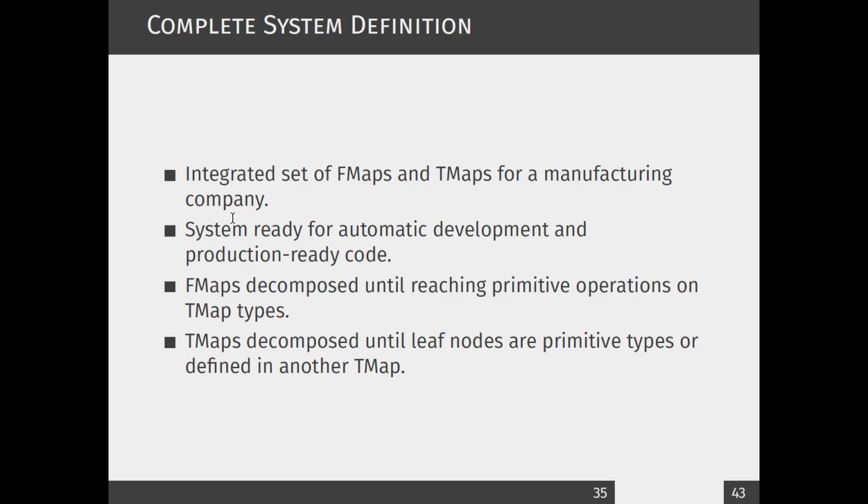So decomposing means, remember, we started from make table, then table top and the legs, and then you can go to top, for example, you can have a hard top or a soft top and so on, right? So if you look at F map, you have primitive operations of the T map types. Then if you look at T maps, they can decompose until you get primitive types, right? Basic types that you are going to have. So these will be decomposed in T maps.